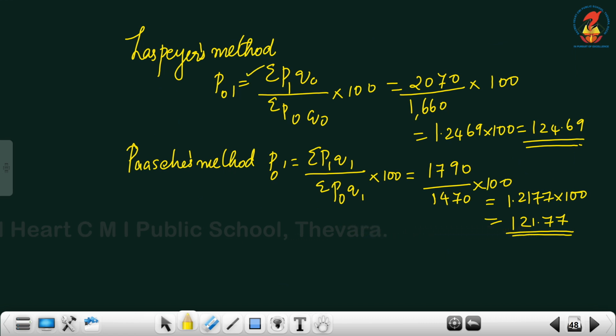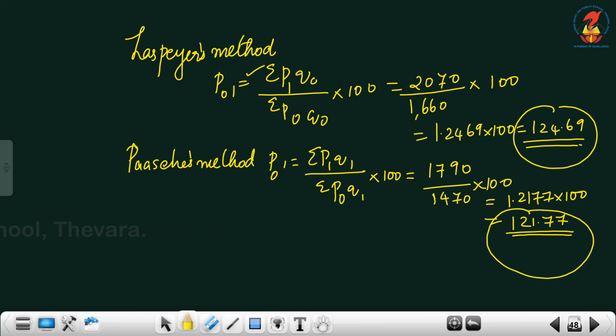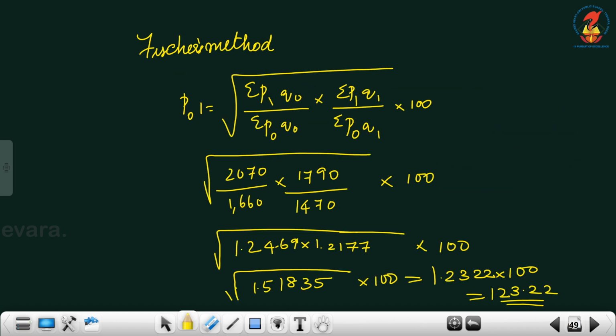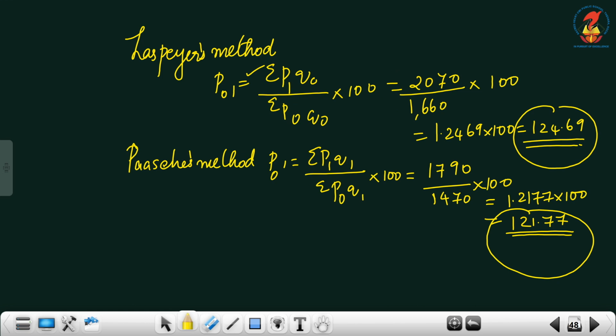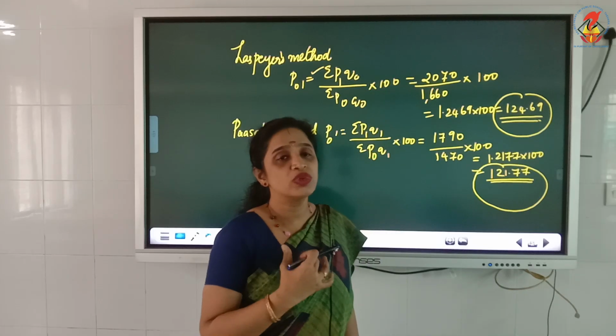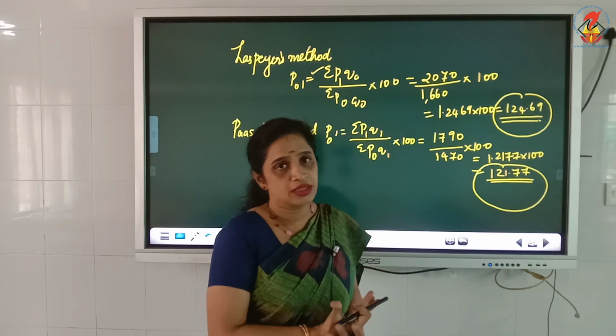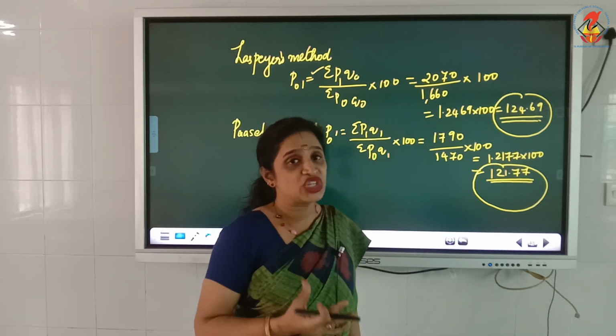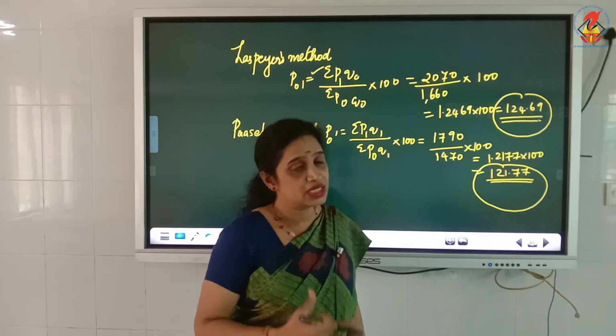Okay, when we apply this formula you will be getting the index numbers. This is as per the Laspeyres method, this is as per the Paasche's method, and this one is as per the Fisher's method. Now for all the three methods you can find there is a difference in the values because they have used different terms. So you can find slight changes in the values of index numbers after finding it.